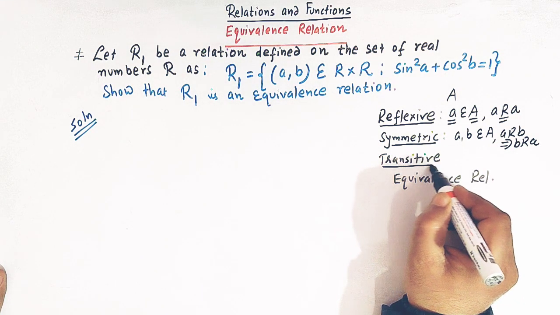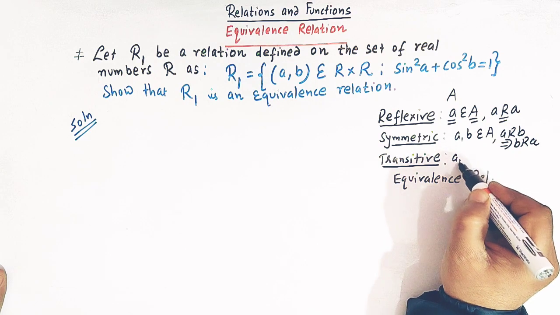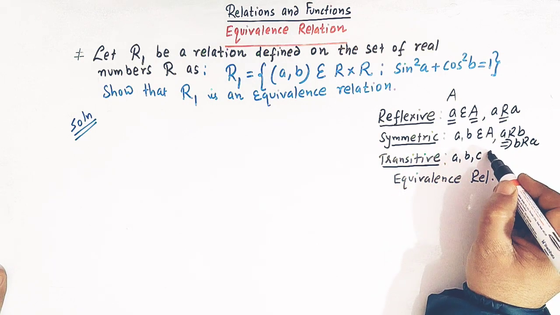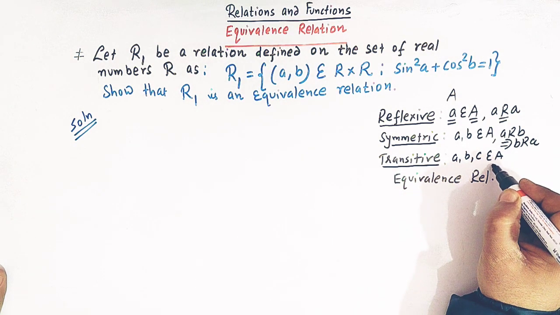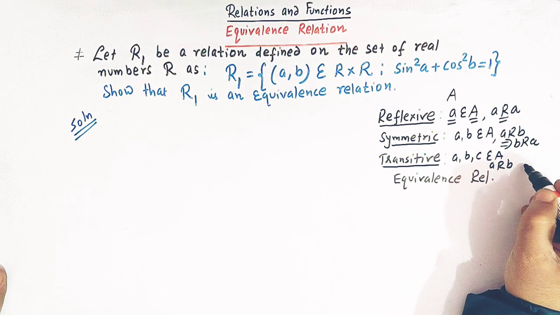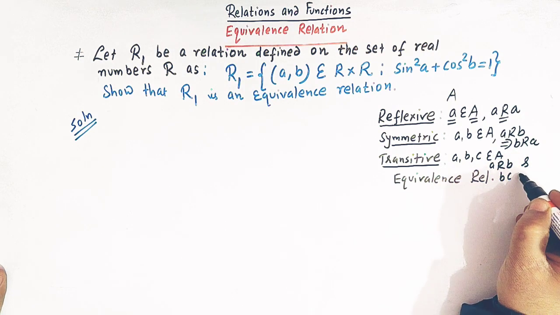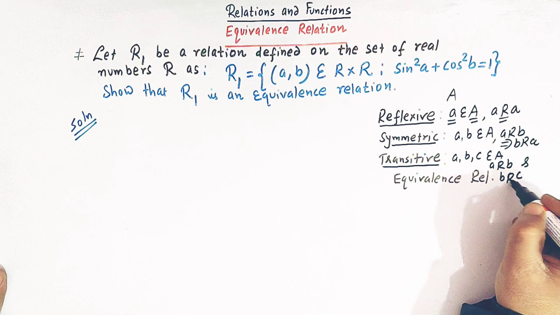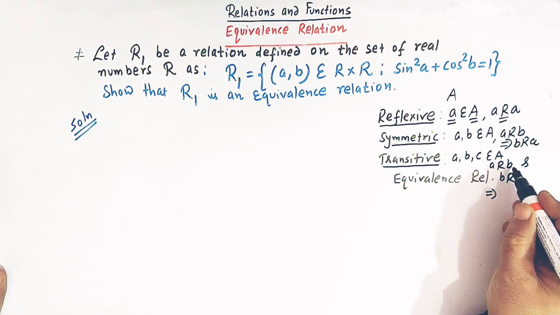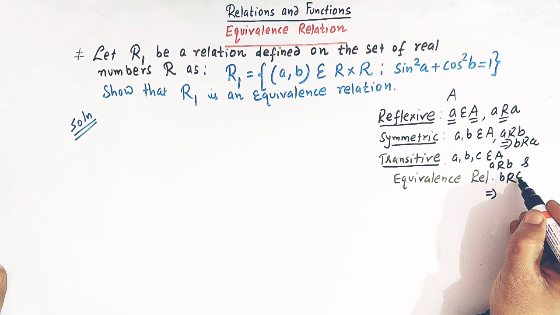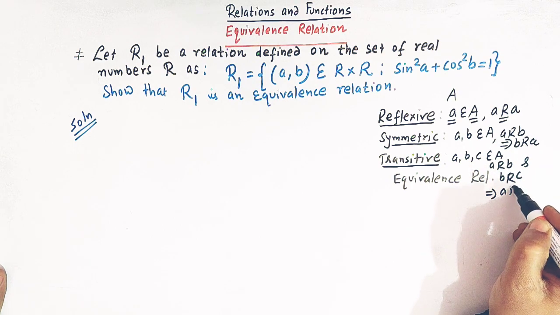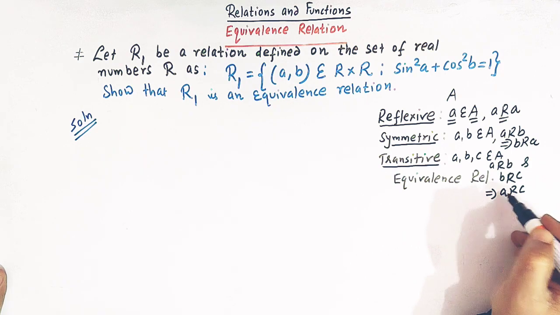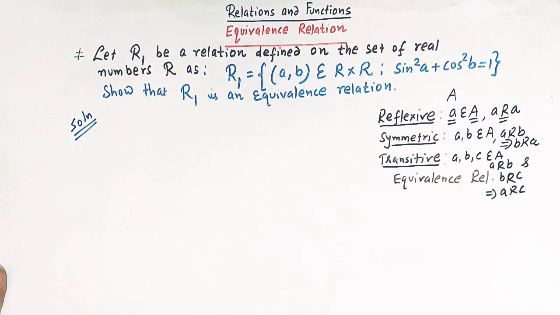And in case of transitive relation, if we have three elements, say A, B, C, belonging to the set A, and if A is related to B and B is related to C, then A is related to C, which implies that the relation R is a transitive relation, right?